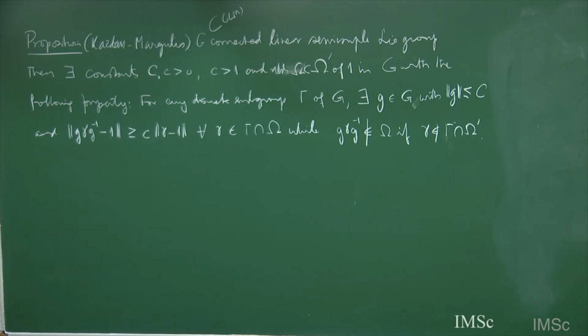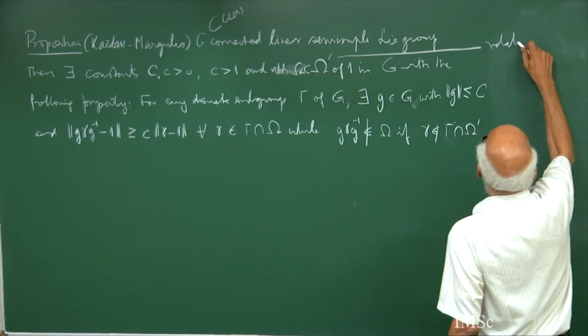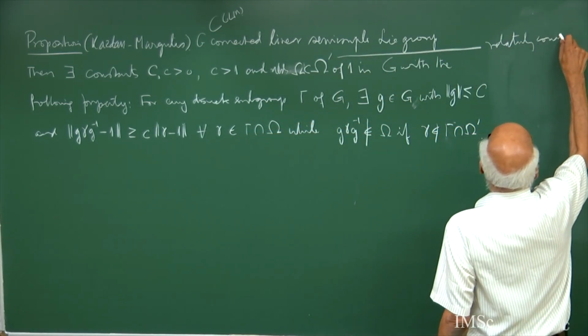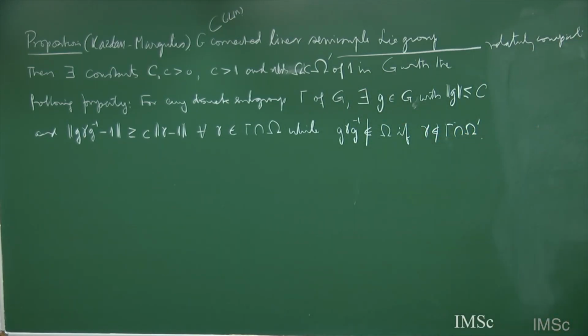Both these are relatively compact neighborhoods, omega and omega prime. They're small neighborhoods.